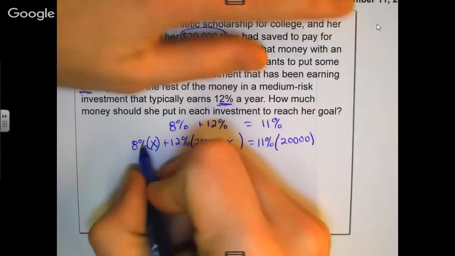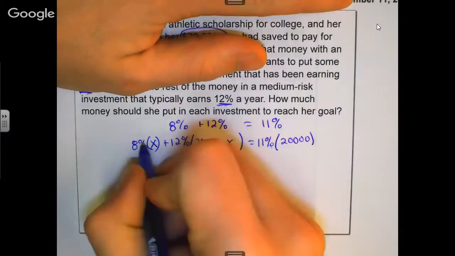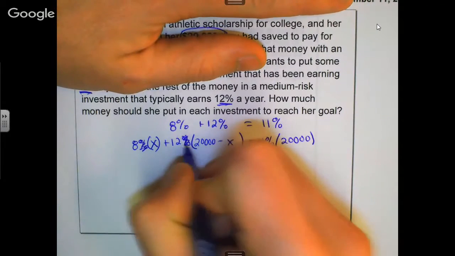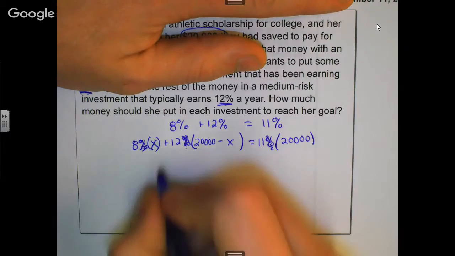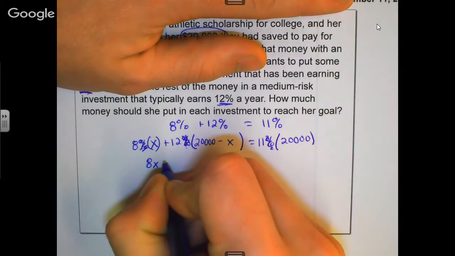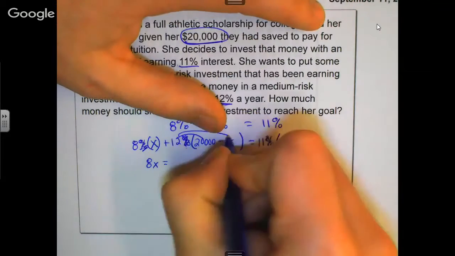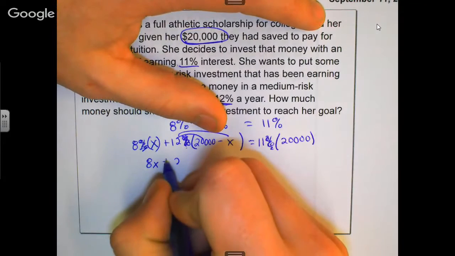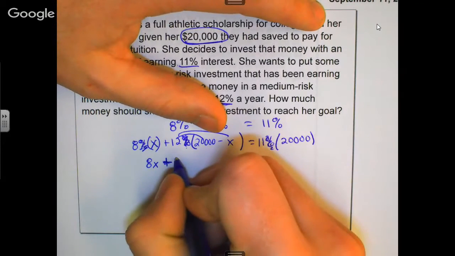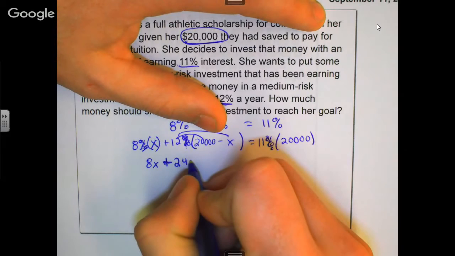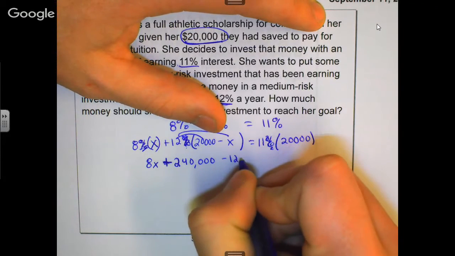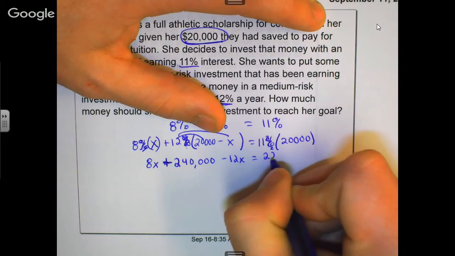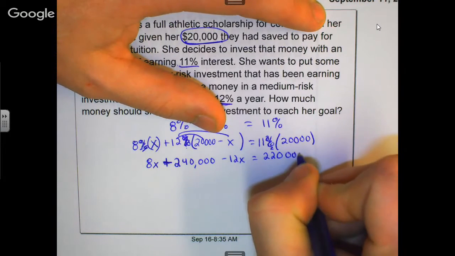But you notice I've got percentages on every term, so we can cancel out my percentages on every term. So I have 8X plus, distribute this. Oh, that's a plus, not equals. 240,000 minus 12X equals 220,000.